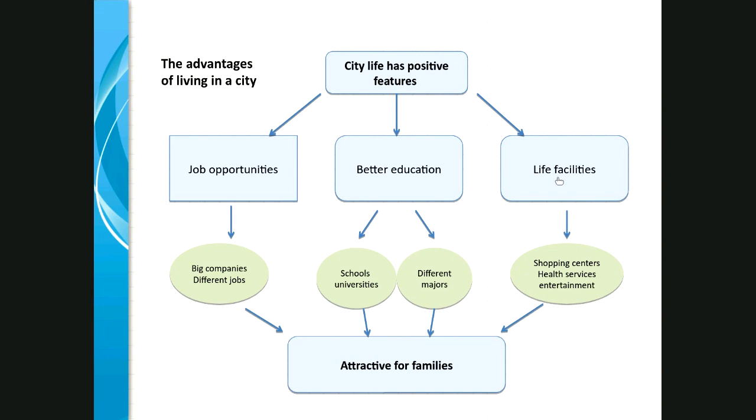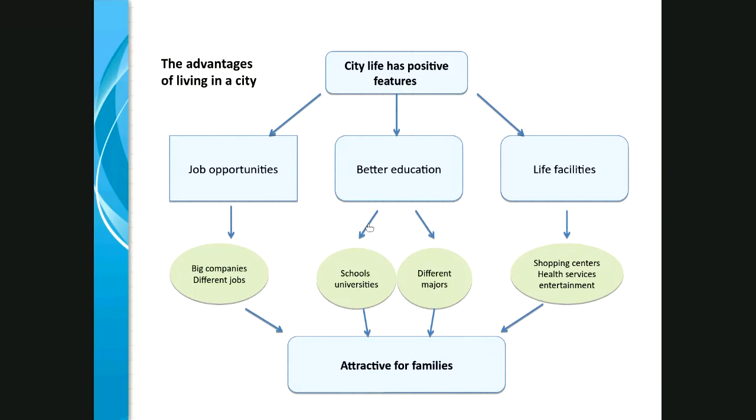So job opportunities اللي هي الفرص الوظيفية اللي ممكن الشخص يلاقيها في المدينة, okay, are for example big companies, okay, and different jobs. So the variety of jobs, okay, or the more opportunities that you can find in a city, okay, could be mentioned in these 2 key ideas. Okay.